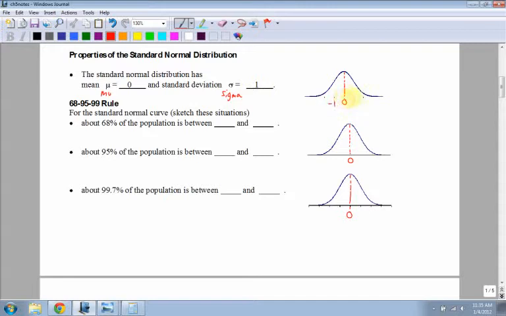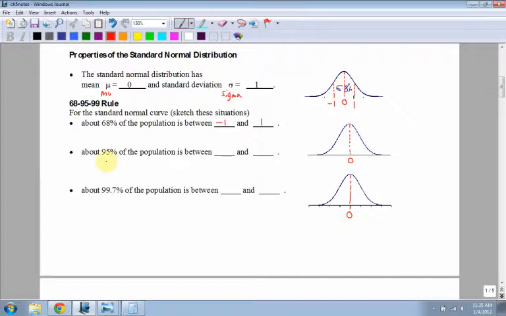And if I go this way, that's going to get me to +1. Then I know that between -1 and 1 is 68% of the data. So 68% of the data lies between those two values.